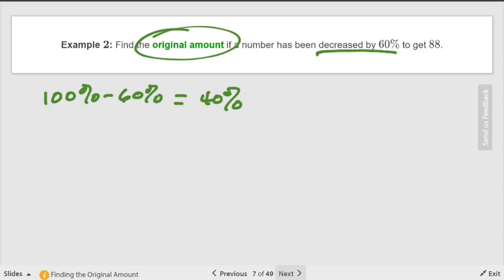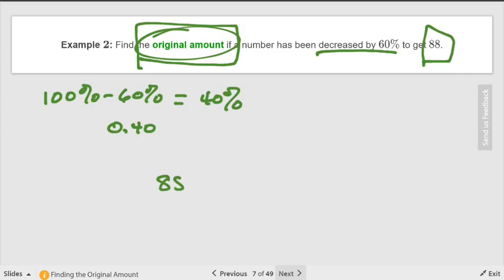I have to change it to a decimal, which is what? 0.40. Okay. Now, I'm looking for the original amount, which means I'm not multiplying, but what? Divided. So what was my number up there? Yeah, that's not right. 88 divided by what? 0.40 or 0.4, whatever, equals?